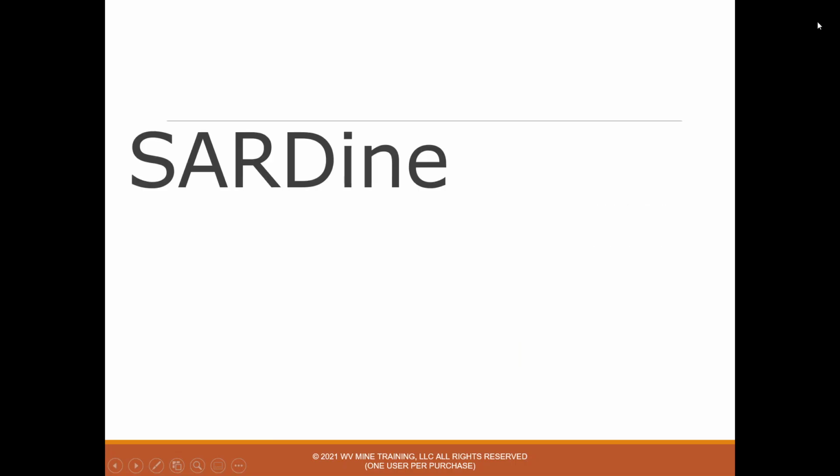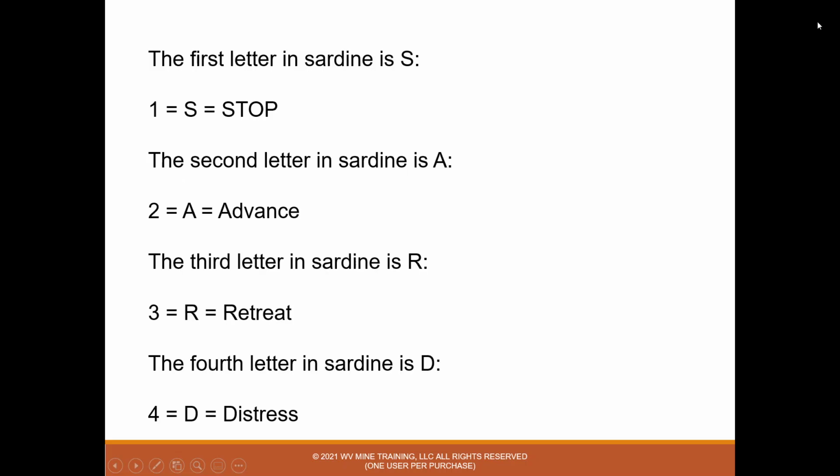So we have some mine rescue lifeline signals, and if you remember SARD, and what's important is the SARD. So remember the term sardine, and we'll explain this as we go here. The first letter in sardine is S, which is equal to stop.